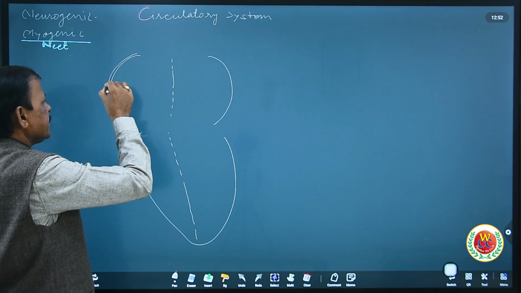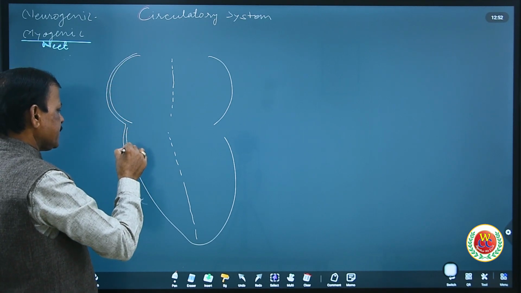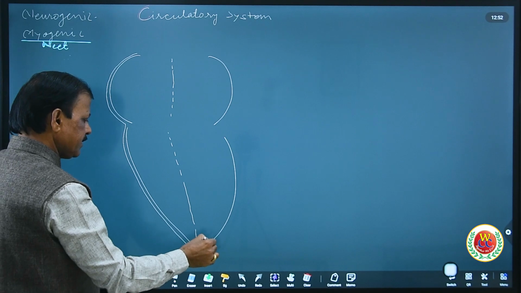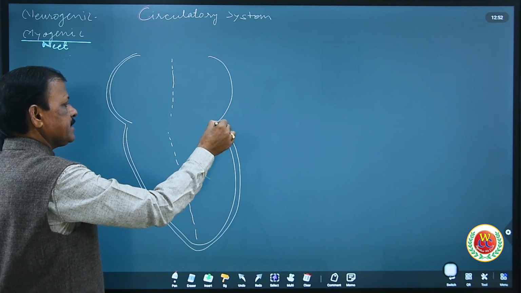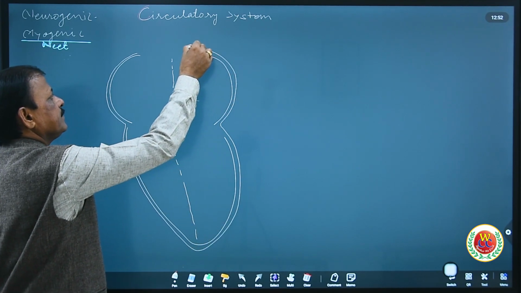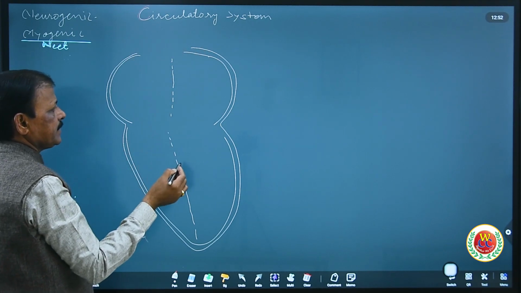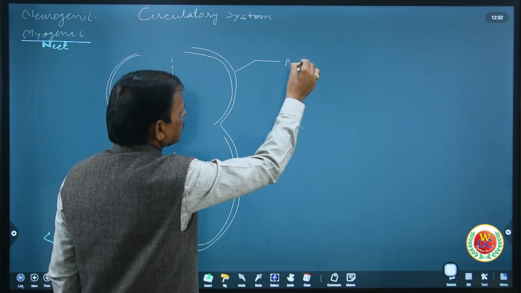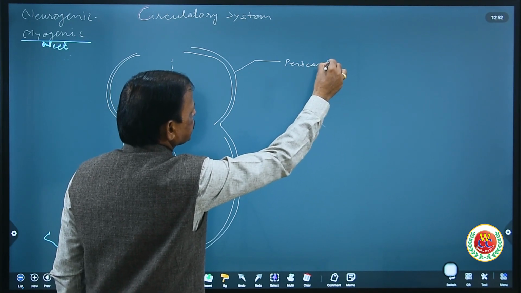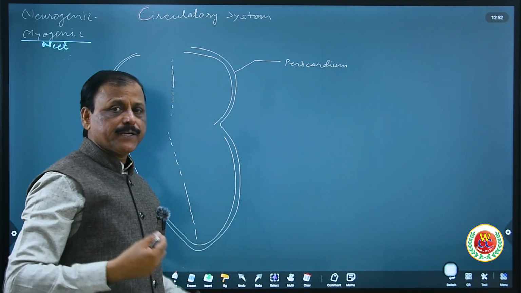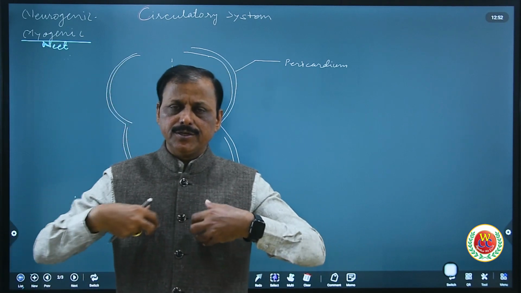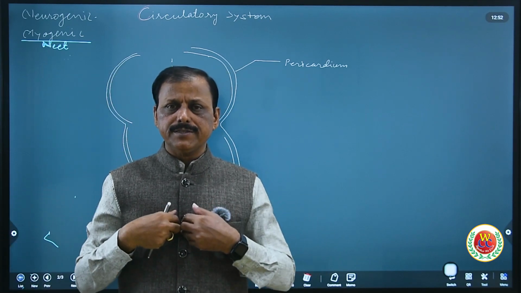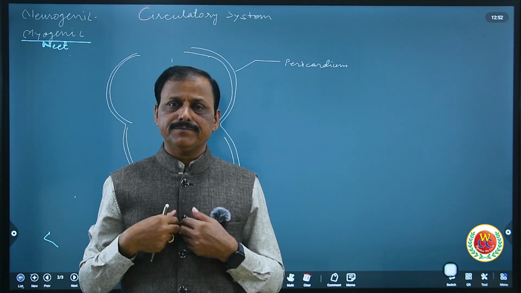Externally, the heart is covered by a thin serous epithelium called pericardium. This external covering is called pericardium. Our heart is placed in the cavity between the 2 lungs, that is called mediastinum.